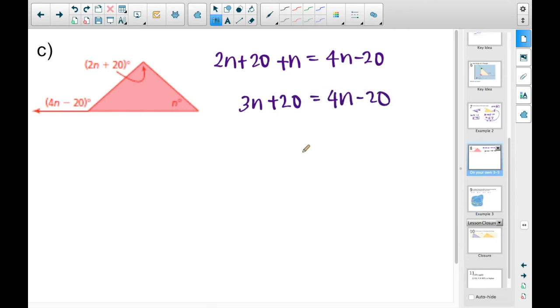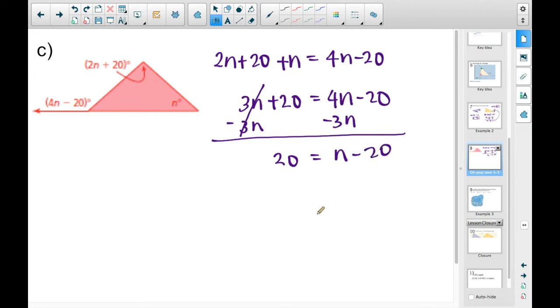This is just a multi-step equation. I'm going to move over my 3n, and you can move over the numbers first, it's up to you. Bring down everything that you didn't use, a 20 and an equal sign. This becomes n, since 4n minus 3n is 1n, the same thing as n. And bring down negative 20. I want n by itself, so I'm going to move over the 20 by adding 20 on both sides. It cancels out. My n is equal to 40.